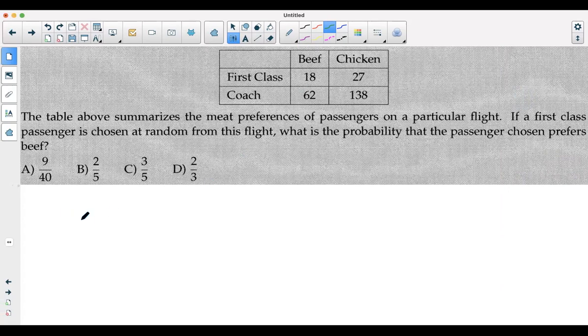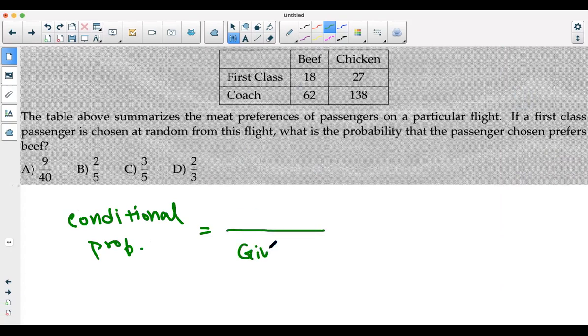Now, let me just give you the general idea. Conditional probability is not based on the total. It's based on a given condition.